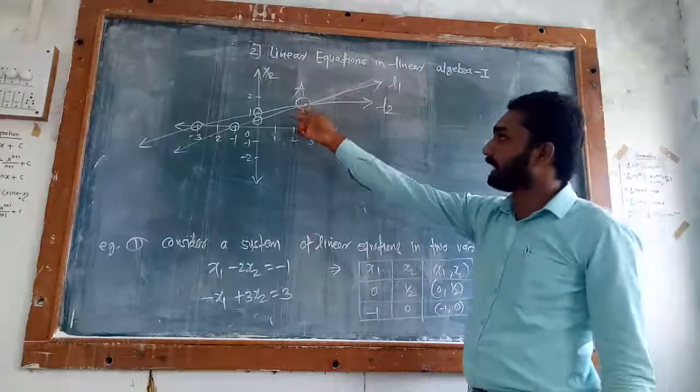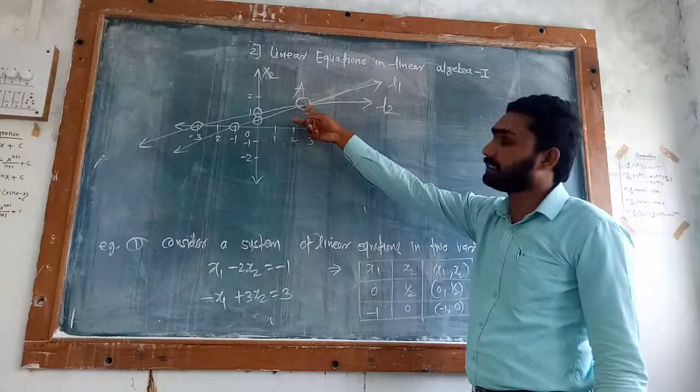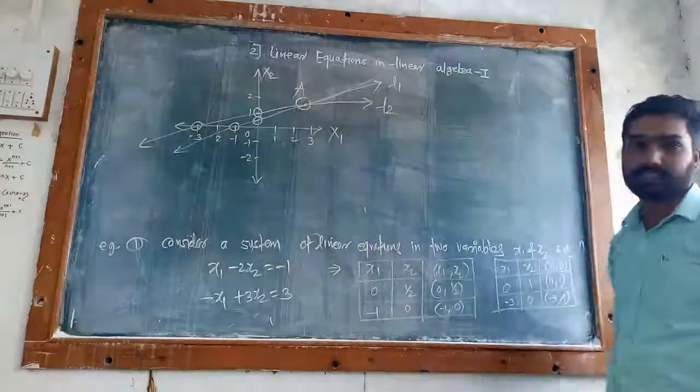After this plotting, we get one intersection point of the two lines, and this intersection point is the solution of that linear system.